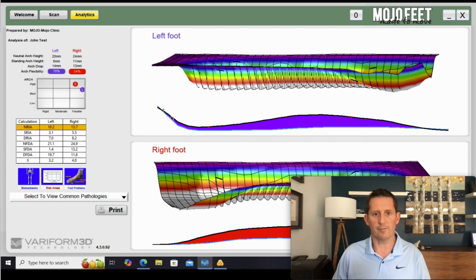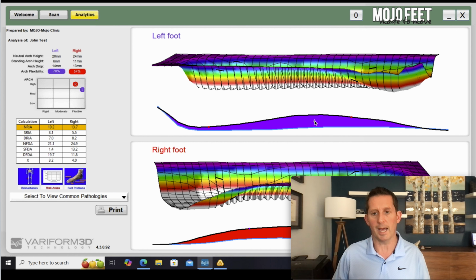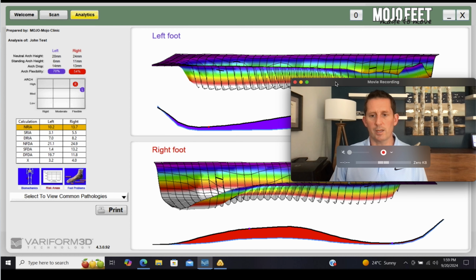If you look at this left foot, we have a black line across the top, which is the corrected version of the patient's foot. We have a blue line underneath it, which is where they collapsed to. And then we have this purple space in here, which is just representing the space through which that foot collapsed. You have the same thing for the right, which I will move myself out of the way here so you can see it, but it's similar in nature, right?